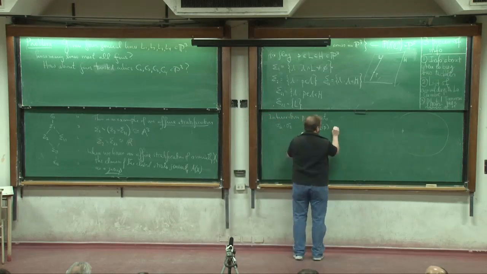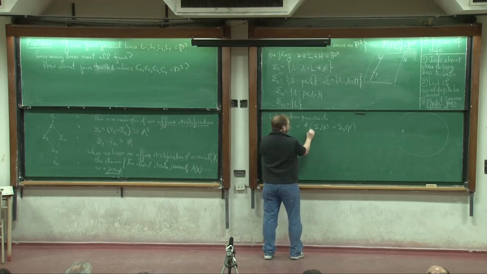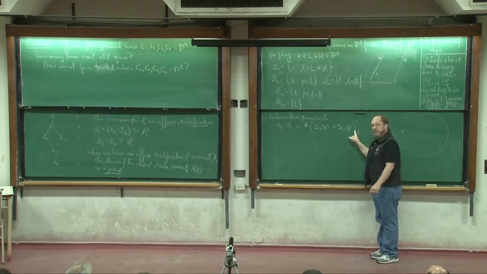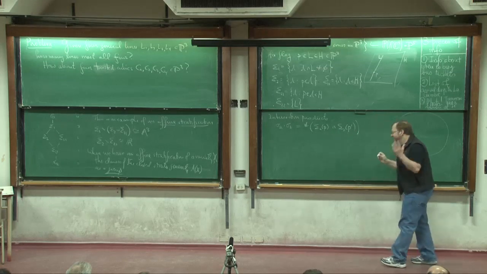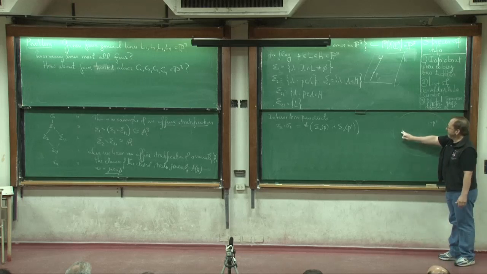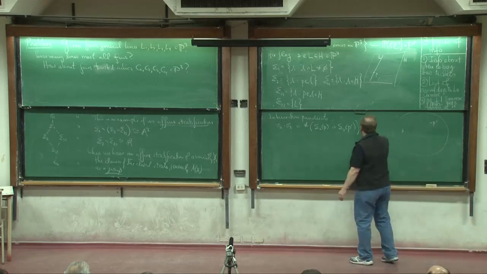I'll take another point, P prime, and now I'm going to count the number of points of intersection of these 2 cycles. Well, this is one I think we can all agree on. I'm looking at lines that contain P and contain P prime. How many of them are there? There's 1.